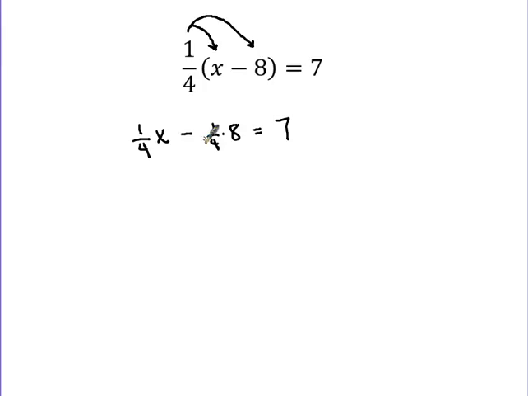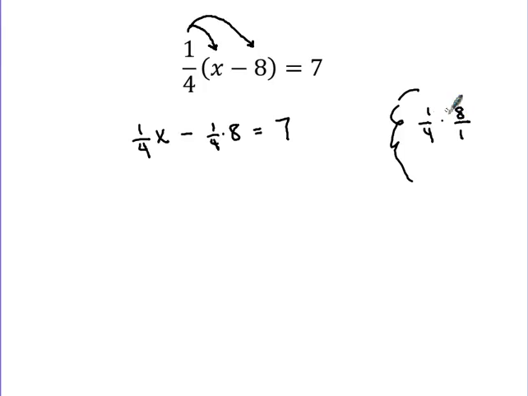Okay, so when you multiply a fraction times a whole number, little thought bubble off to the side here, you can simply turn that whole number into a fraction by putting it over 1.